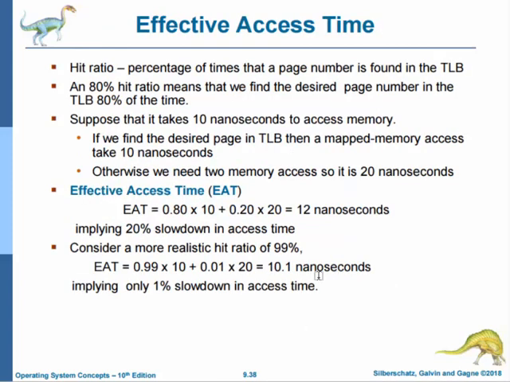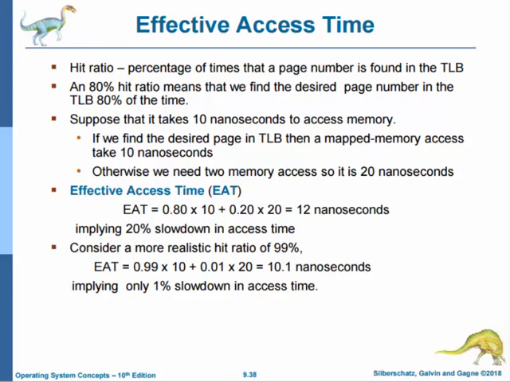The percentage of times that the page number of interest is found in the TLB is called the hit ratio. An 80% hit ratio, for example, means that we find the desired page number in the TLB 80% of the time. So if it takes 10 nanoseconds to access memory, for example, then a mapped memory access takes 10 nanoseconds when the page number is in the TLB.